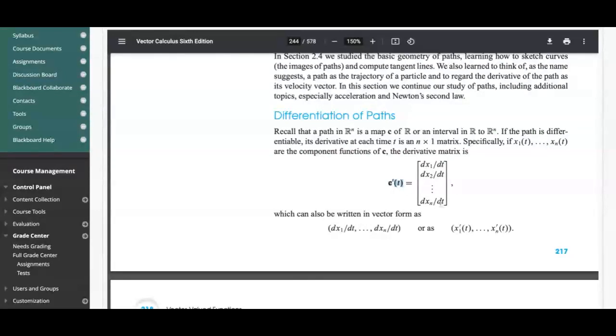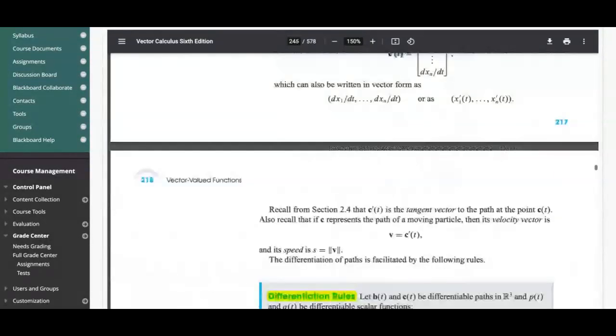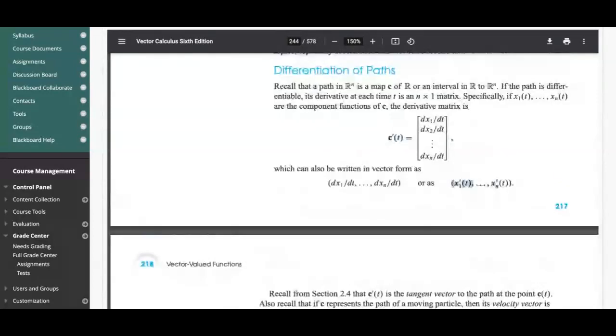So this is a matrix, an n by 1 matrix, or a column vector. Sometimes for convenience, we write it this way. Most of the time, for convenience, we write it this way. But when we are dealing with composition of functions, when we need to multiply matrices, we want to represent it in the right way, all right?